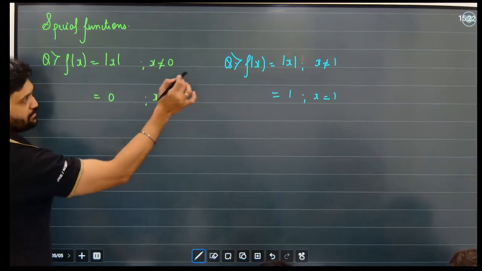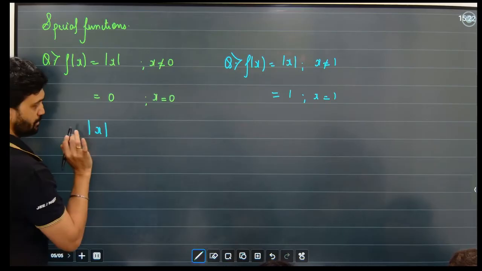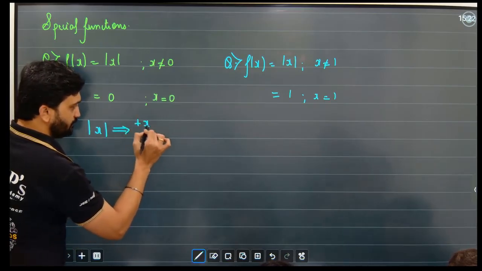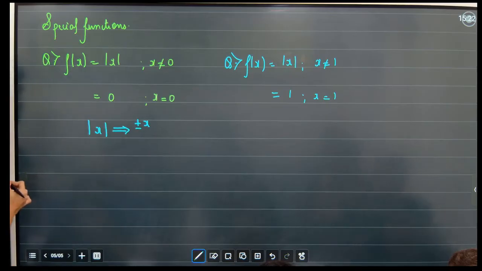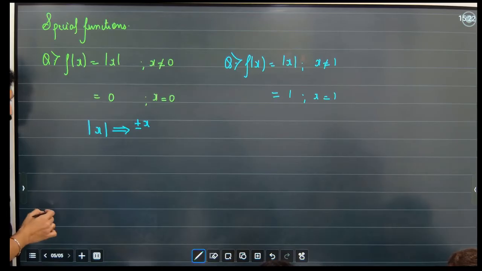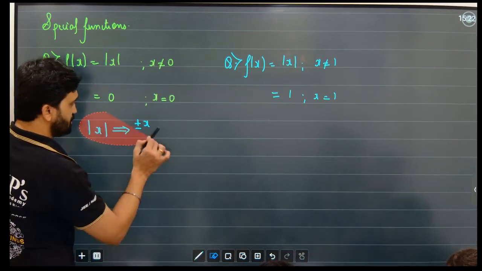Mod function, when I substitute, any time you write mod x, it means it is either plus x or minus x. Now I put 0 here, this is also 0, so my function is continuous. Now let's change the question a little bit.